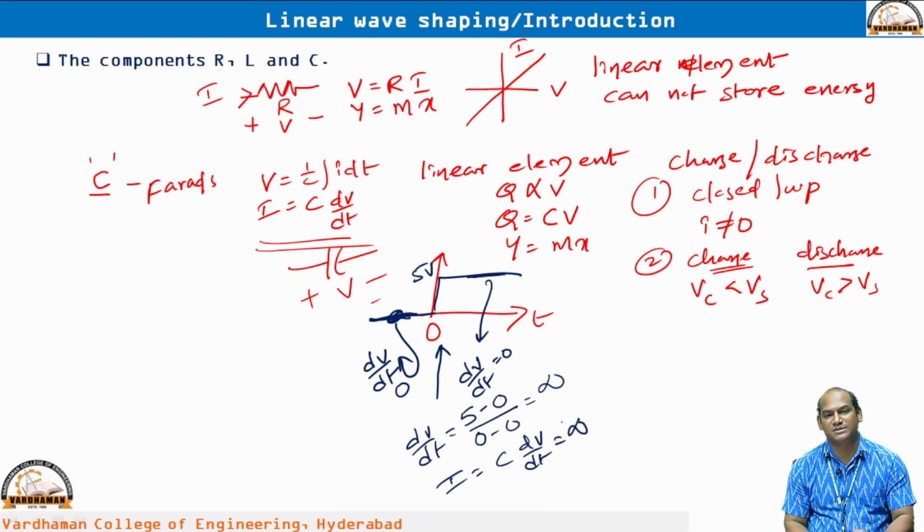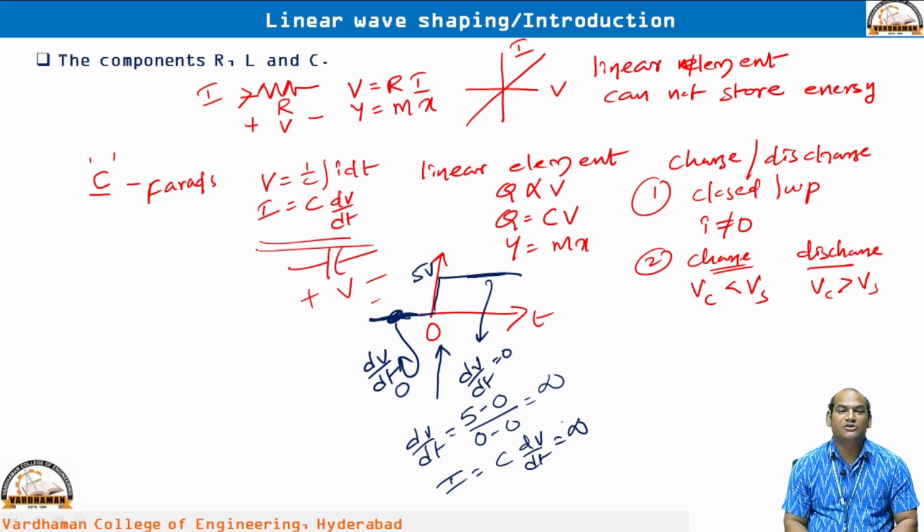It is not possible. So practically, when you have a discontinuity in the voltage applied across the capacitor, it will not allow that sudden change in the voltage. That means the capacitor is not responding to that sudden change. Whatever voltage was there previously across the capacitor, the same voltage will be maintained after the discontinuity also.